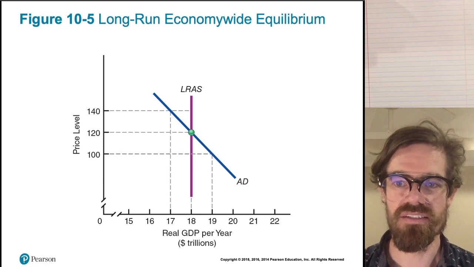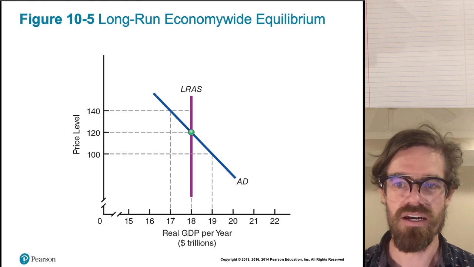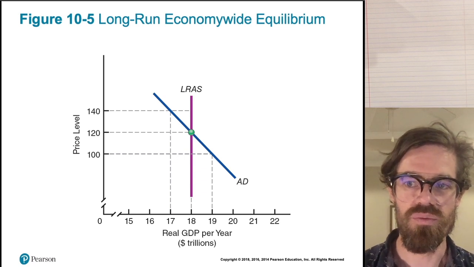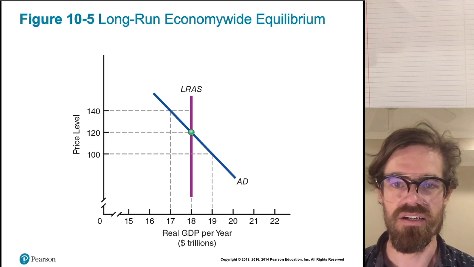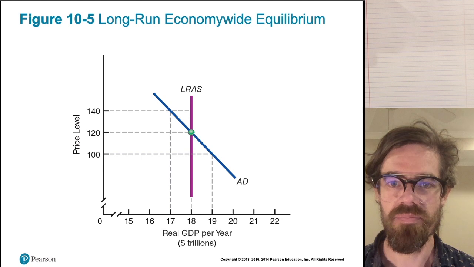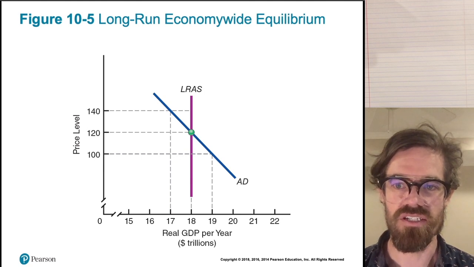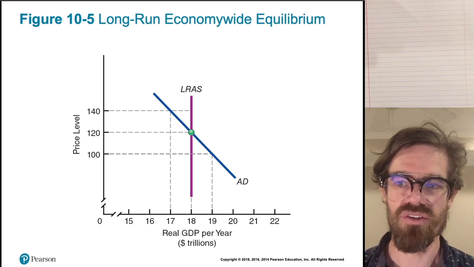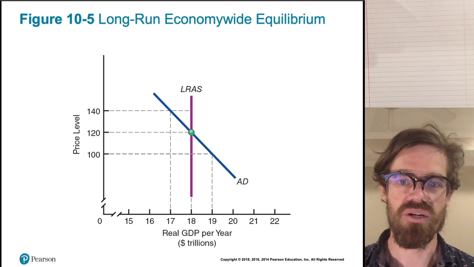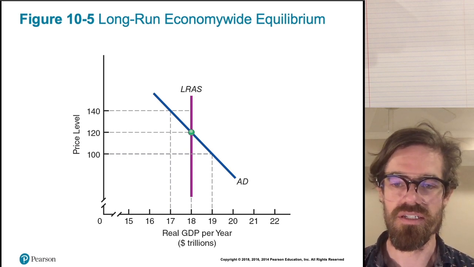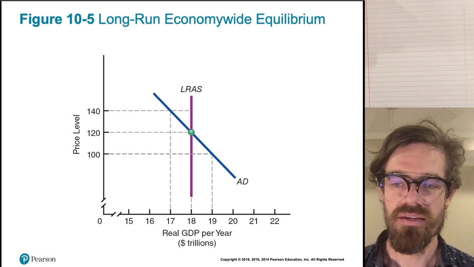Now, the economy isn't necessarily in equilibrium. It could be in disequilibrium. So the economy might be experiencing a price level of 140, in which case we would basically have a surplus of products. And then over time, as the economy adjusted, prices would have to decrease so that that surplus of goods and services would disappear.